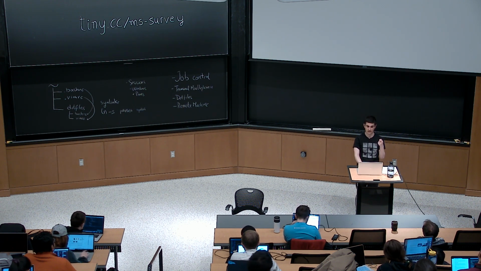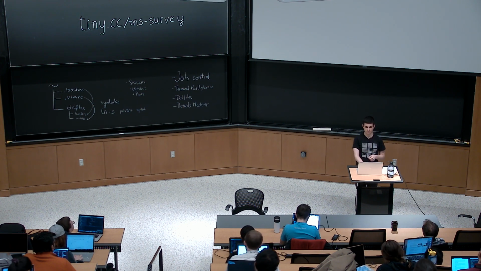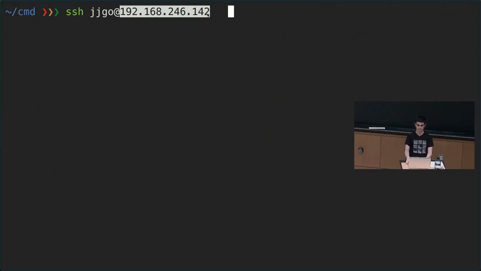Then the @ is telling the terminal that this separates what the user is from what the address is. Here I'm using an IP address because I have a virtual machine in my computer that is the one that is remote right now. And I'm going to be SSHing into it. This is the IP that I'm using.